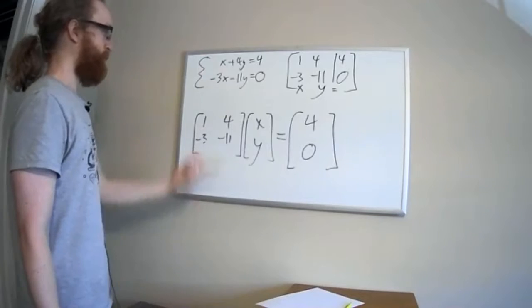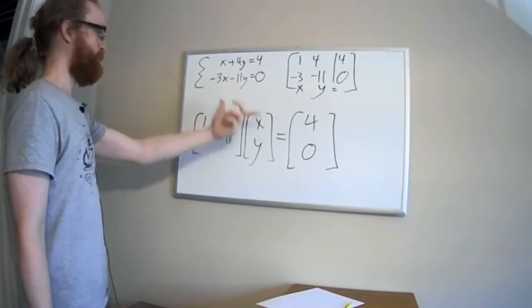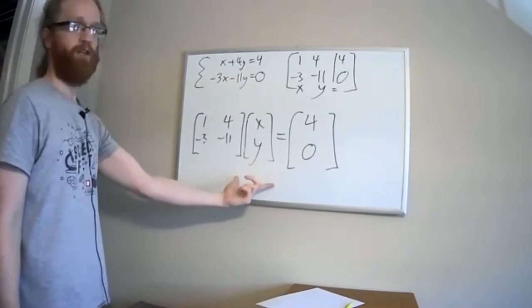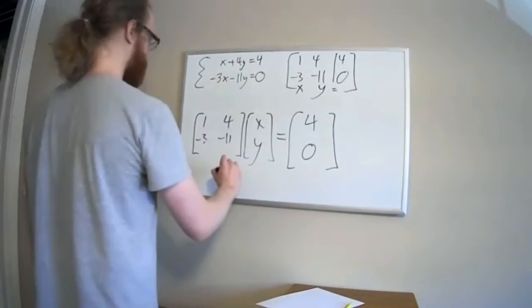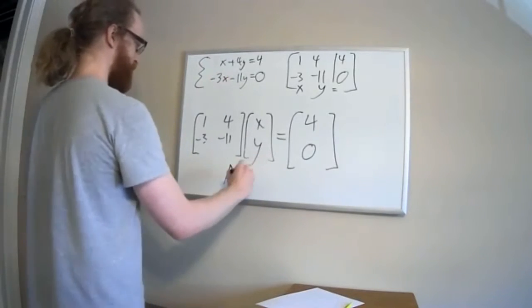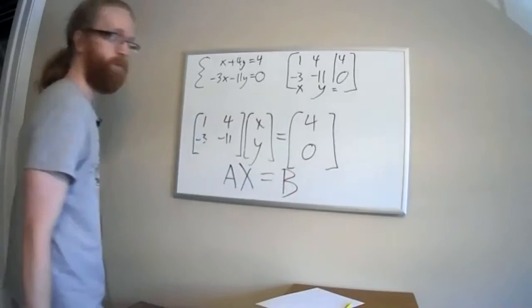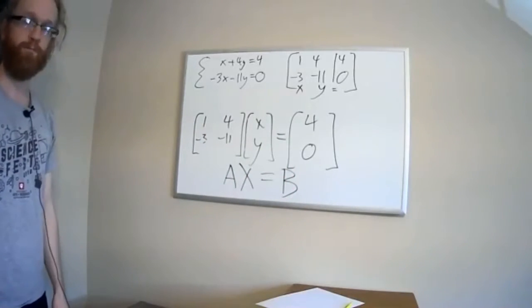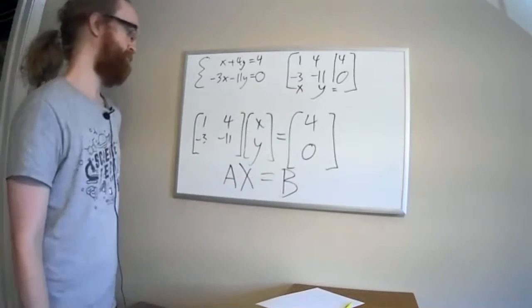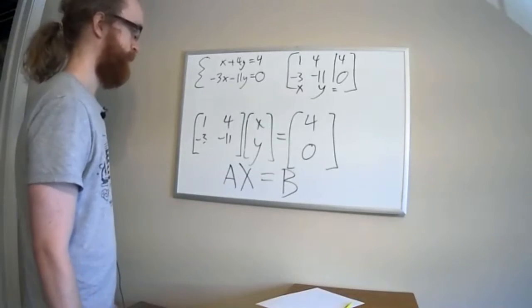So what this suggests is that this system of equations situation can actually be represented by a matrix equation. So maybe if I call this matrix A, and this matrix X, and this matrix B, I have exactly this equation that we kind of solved before. AX equals B. Cool.